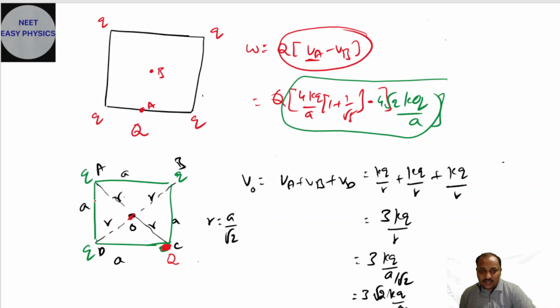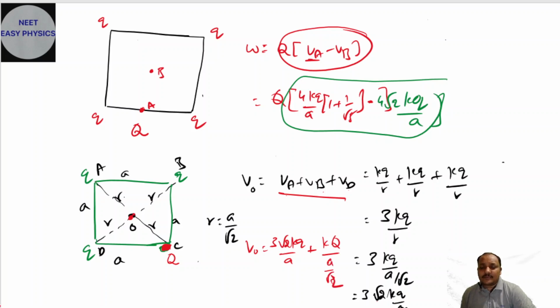Already the potential due to these three charges you got 3 root 2 kQ by a. So V naught is equal to VA plus VB plus VC plus VD. Already we got this, so I am substituting directly: 3 root 2 kQ by a plus kQ by a by root 2.